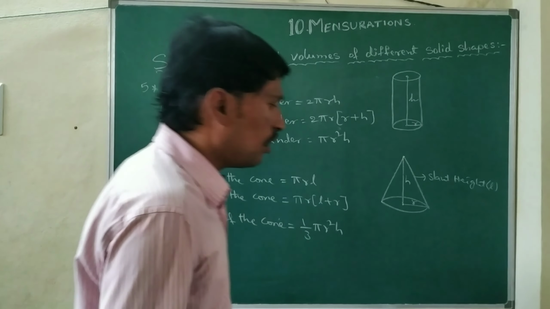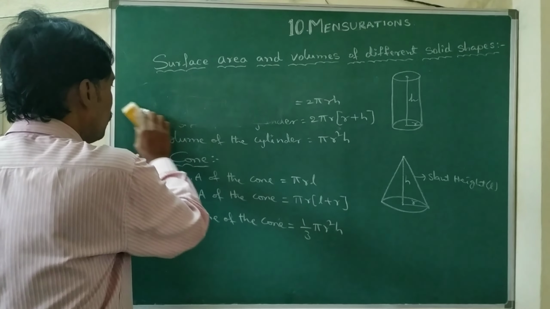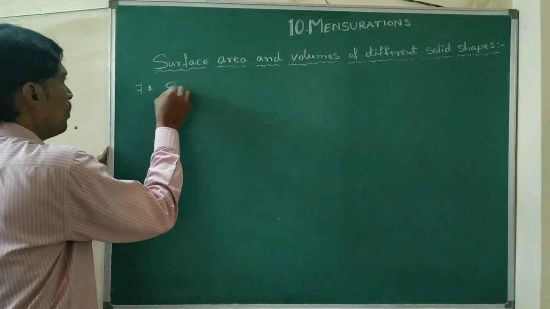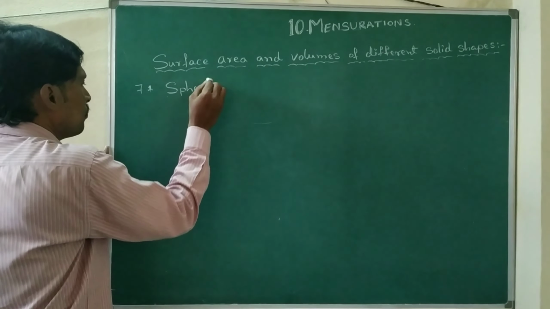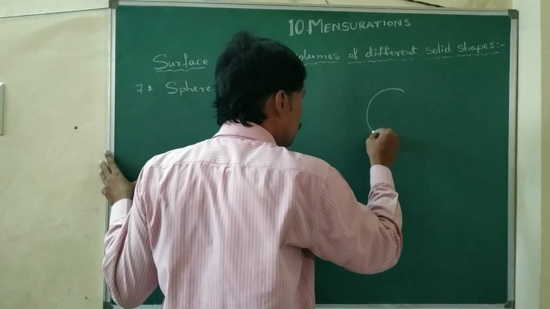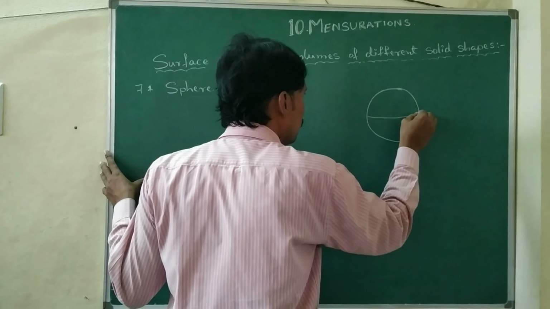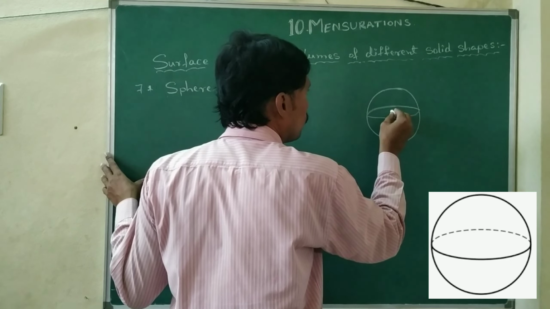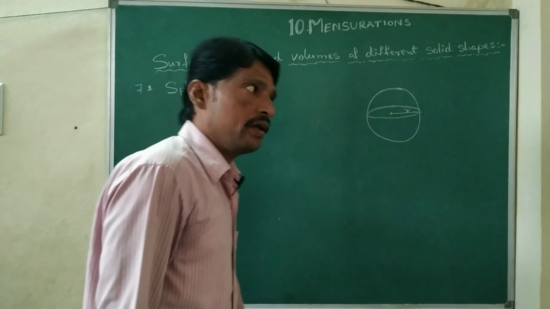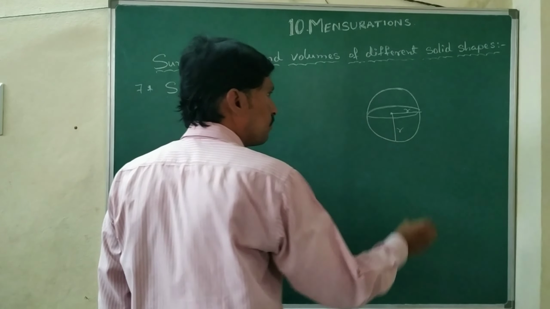Next it is sphere and hemisphere. Seventh one is sphere. A sphere is a three-dimensional figure. This is the radius of the sphere, and from here to here is also a radius of the sphere.